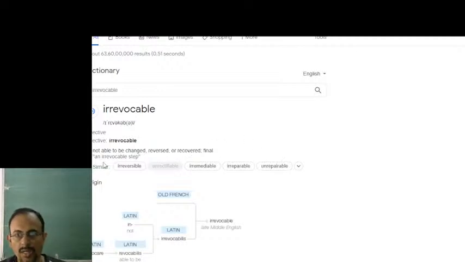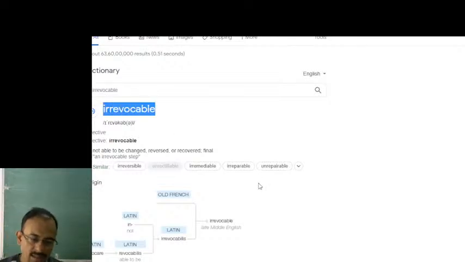So you can say choosing our career appropriately is important, as once we change a career path, it is irrevocable, meaning we cannot change it back. Once we pursue a particular career path, we cannot change our career back.